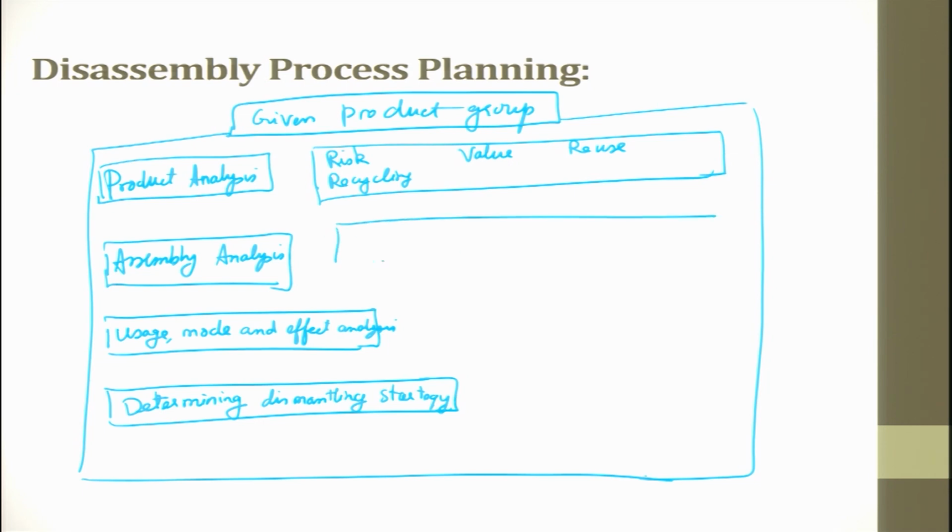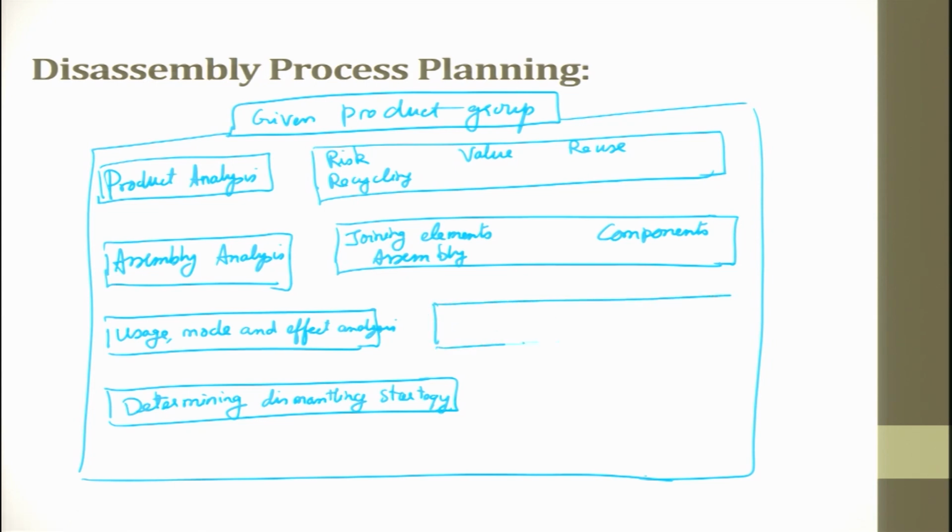Then when we talk about assembly level analysis, we have joining elements, we have components, and then we have assembly. Then we have usage, condition, and we have unexpected.